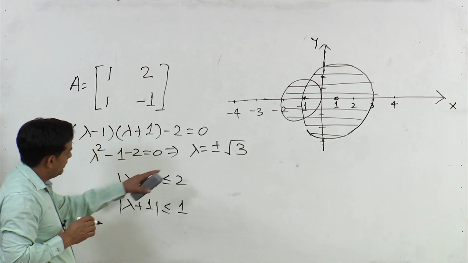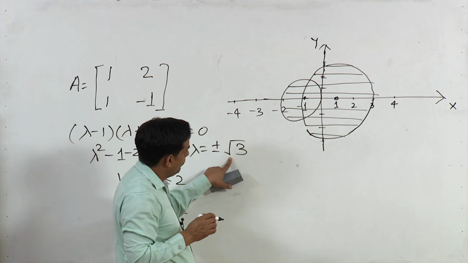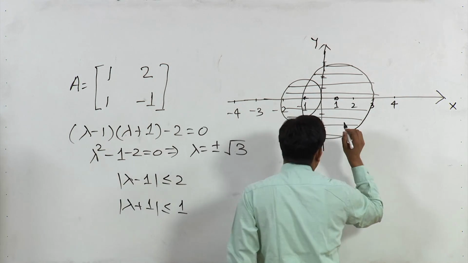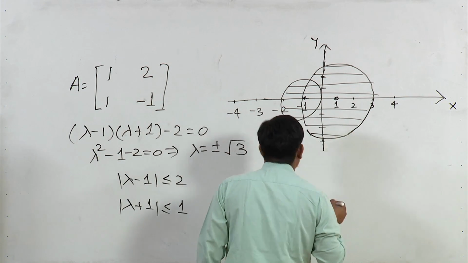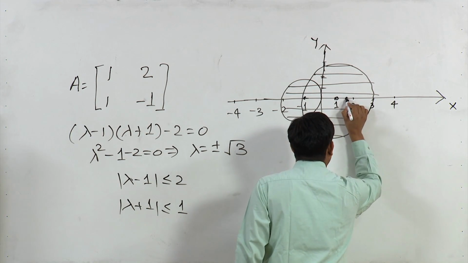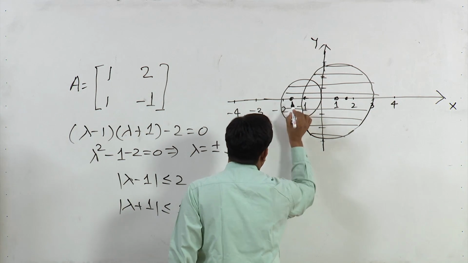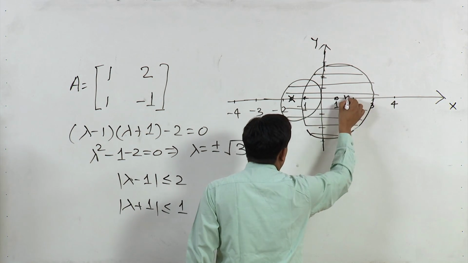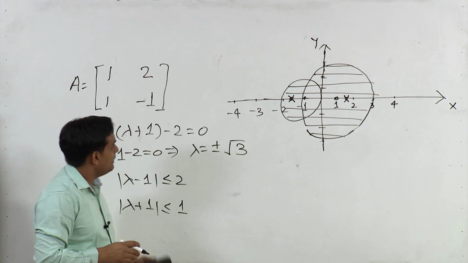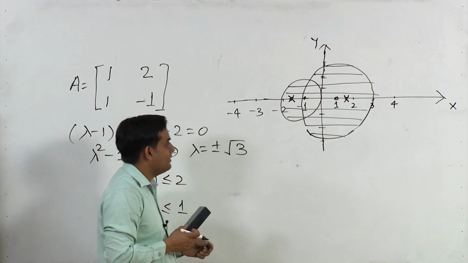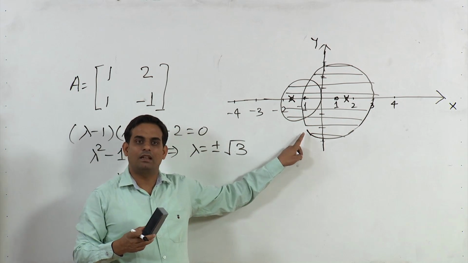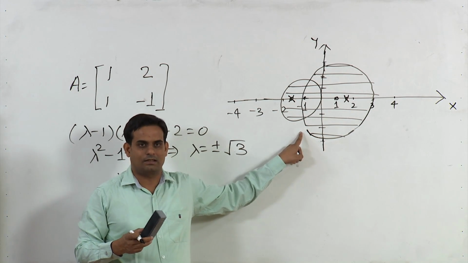Now the eigenvalue root 3 will come somewhere here and minus root 3 somewhere here. So these are the two eigenvalues, and we can say the eigenvalues lie in the union of the Gershgorin disks.